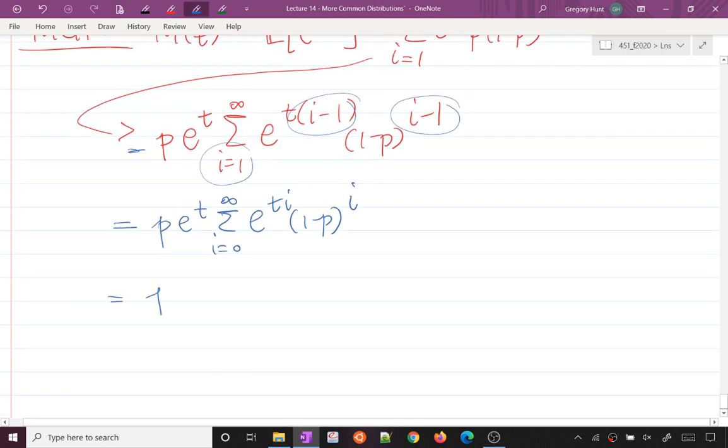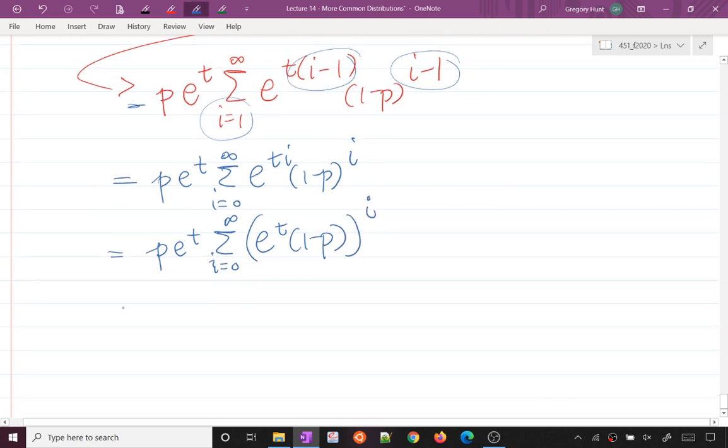And now let's just group things, and we'll see, not surprisingly, this is going to give me another geometric series, right? Sum i goes from 0 to infinity of e to the t times 1 minus p, all of that to the i. Just group things differently. And this is a geometric series, right?